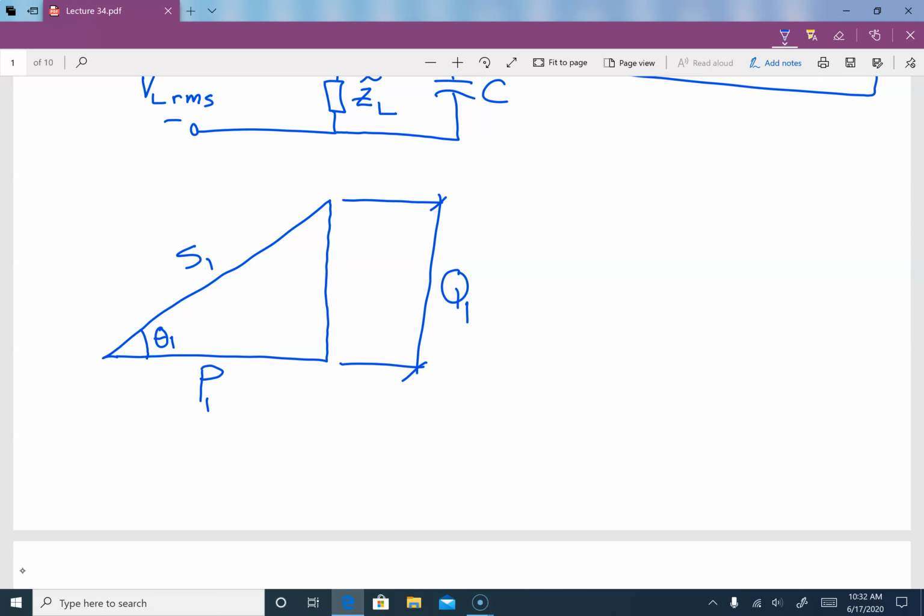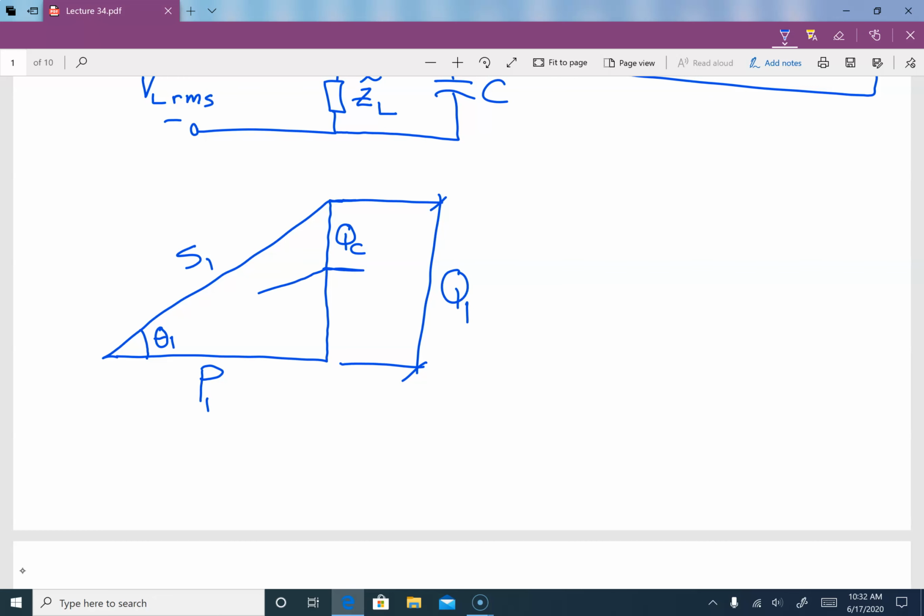So the other one is when we add, let's say, the capacitor, if we add that much up to here, then that is the reactive power coming from the capacitor.